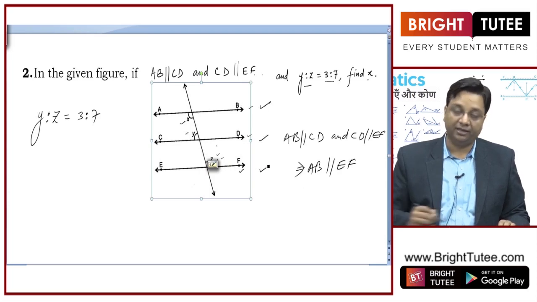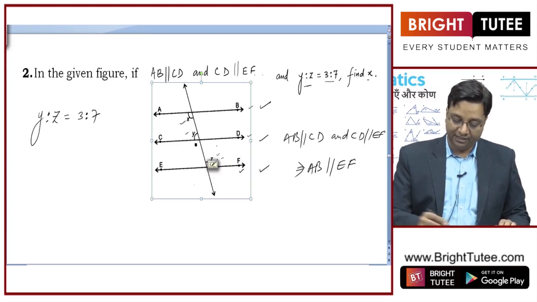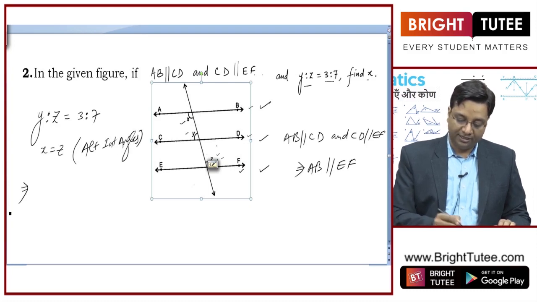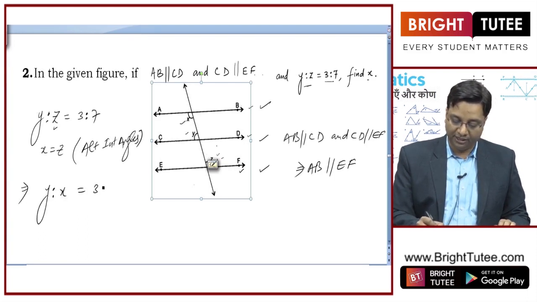These three lines are parallel to each other. Hence X is equal to Z. Why? Alternate interior angles. So I can replace Z by X. So Y is to X is equal to 3:7.